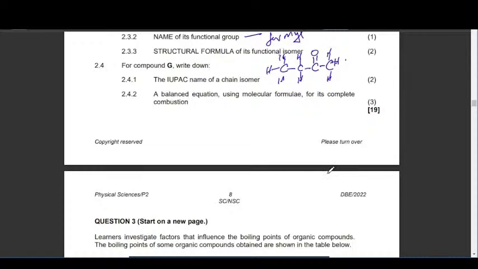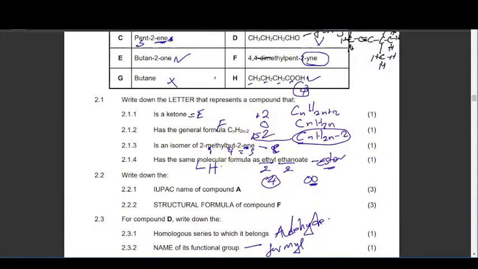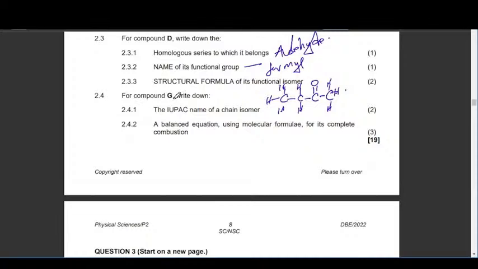Then they're saying write the balanced equation for its complete combustion. Oh no, I think I skipped. Compound G, write down the IUPAC name of its chain isomer.